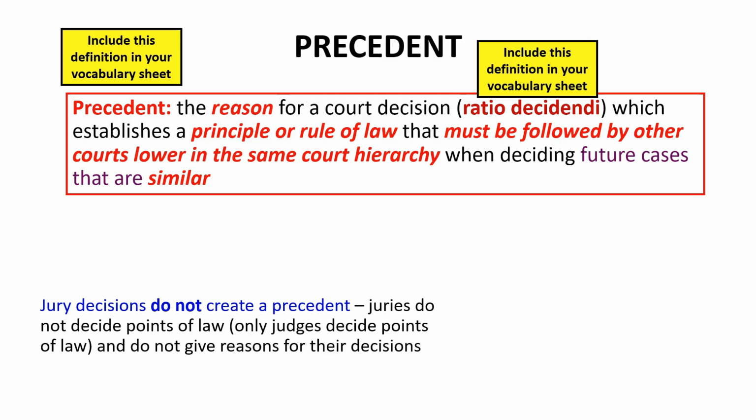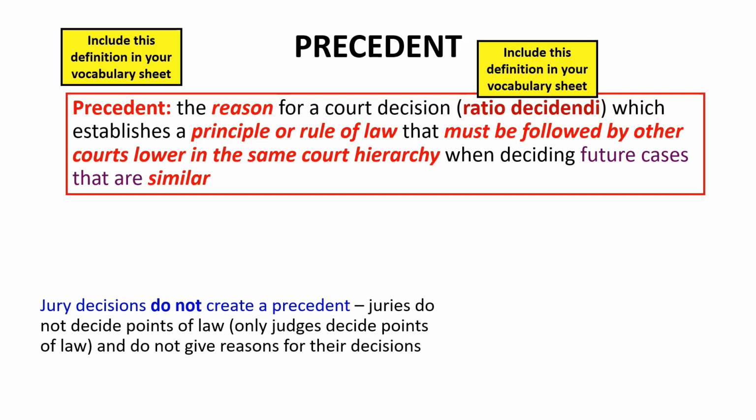You'll remember from our work on court hierarchies that one of the grounds on which a party who is dissatisfied with the decision of a court can appeal that decision to a higher court, that is, have that decision reviewed by a higher court, is on a point of law. In such a case, the party is arguing that the court which made the original decision incorrectly applied the law in coming to its decision.